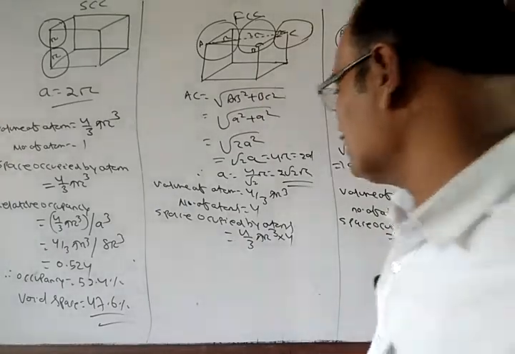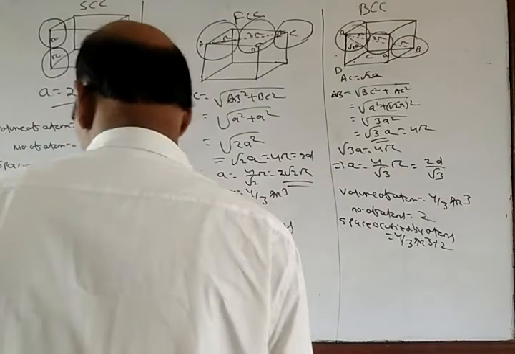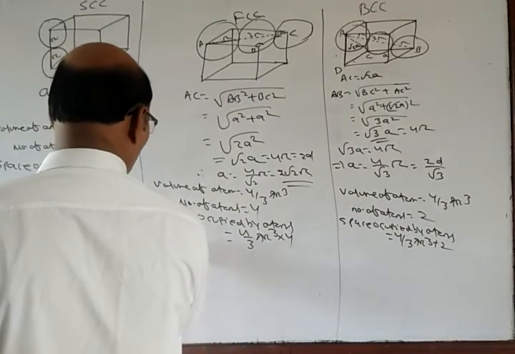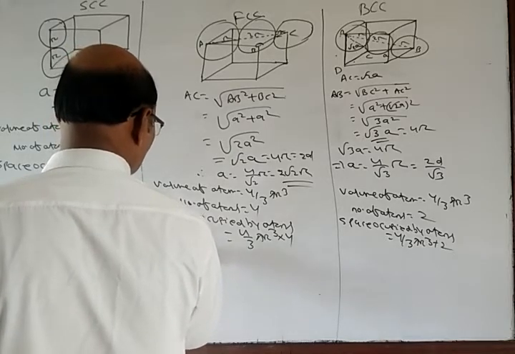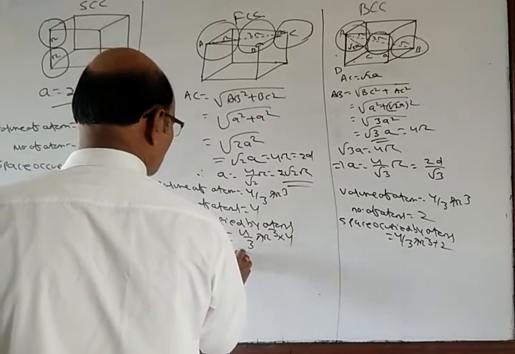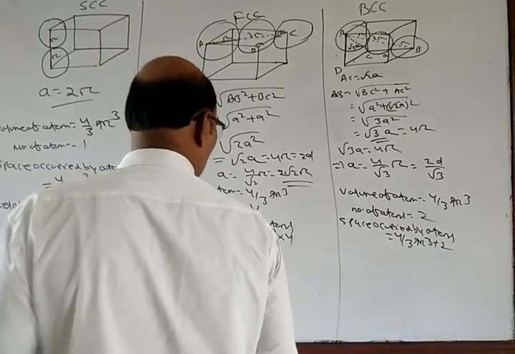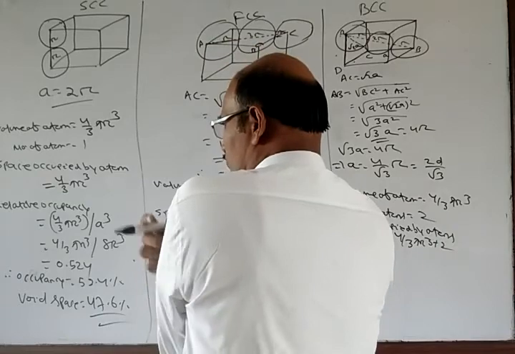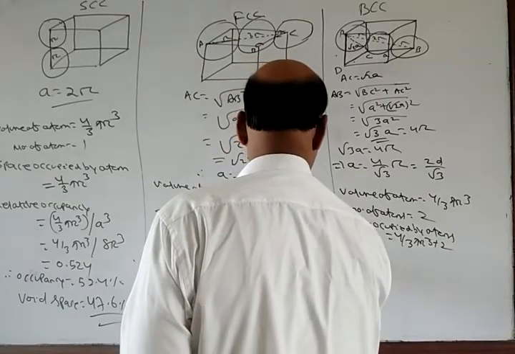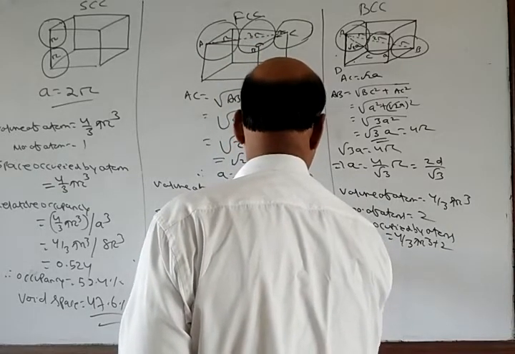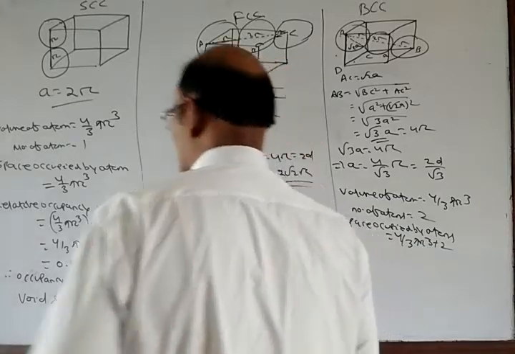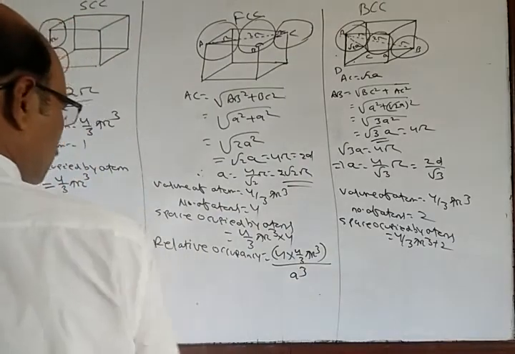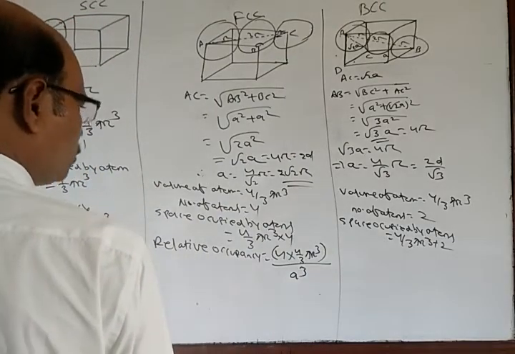Now in your FCC, you will get the relative occupancy equal to 4 into 4 by 3 pi r cubed divided by a cubed. So here a equals 2 root 2 r.